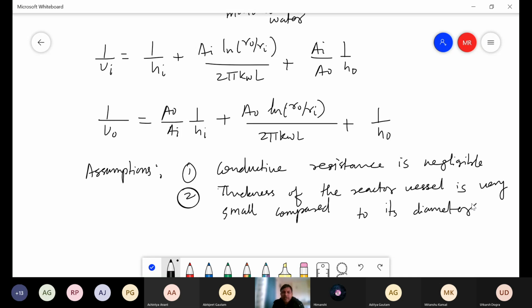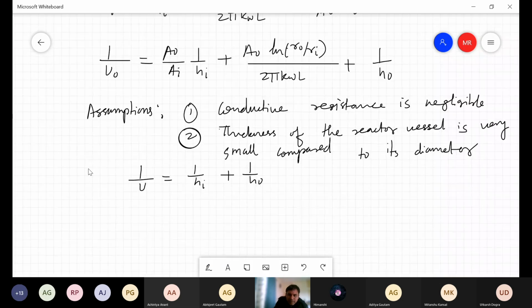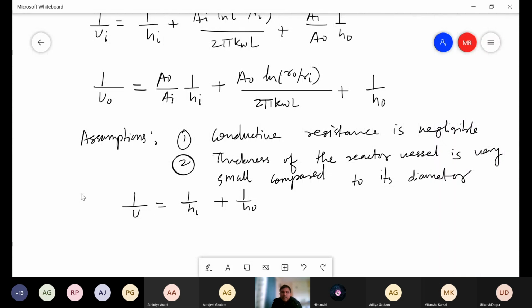So in both these cases, the above equation gets simplified as 1 by U is just 1 by Hi plus 1 by Ho. Do you all agree or not? So conductive resistance negligible, that means this middle part goes away, isn't it?